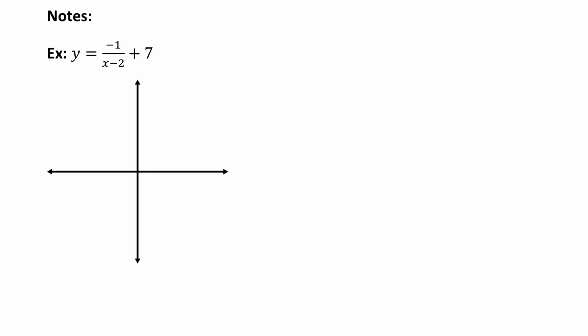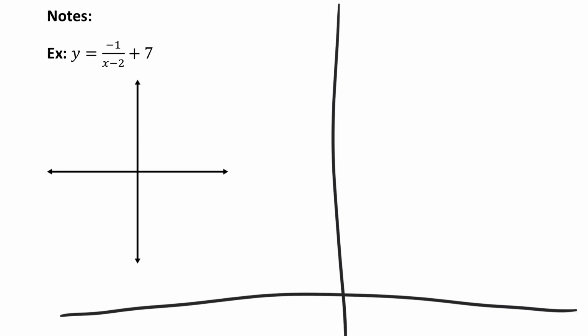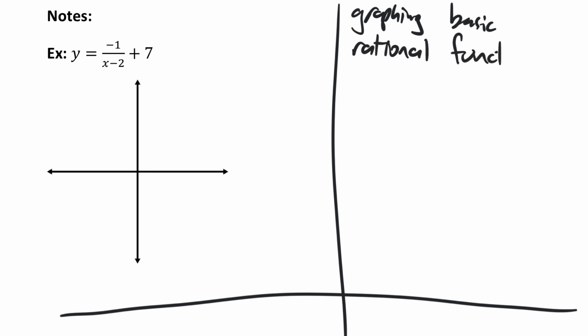All right, let's go ahead and take some notes on this. So this is graphing basic rational functions. And the best thing to do is to find the asymptotes.